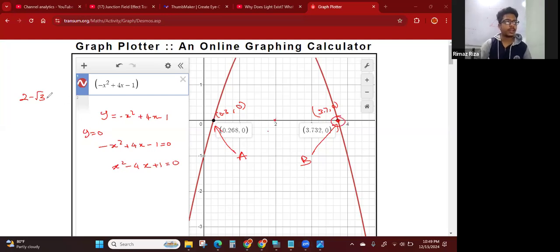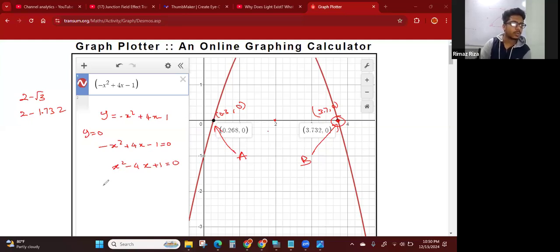If you subtract a number from that, you will get somewhere here, no? How could you get B? So 2 is here and you're subtracting a number. 2 minus root 3 is 2 minus 1.732, right? So you will get somewhere around 0.268, something like that only you'll get. Okay, so therefore A is the point.